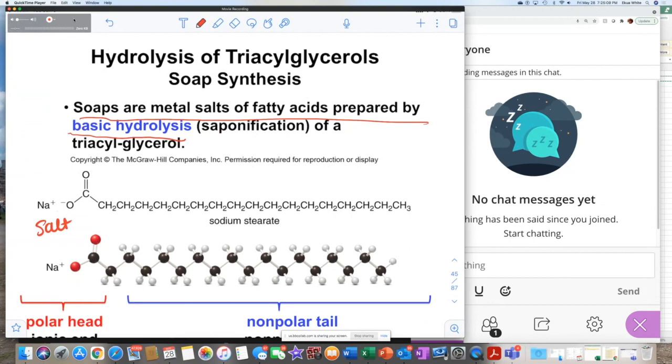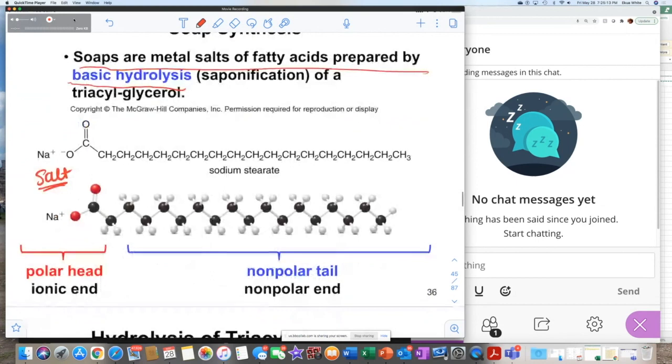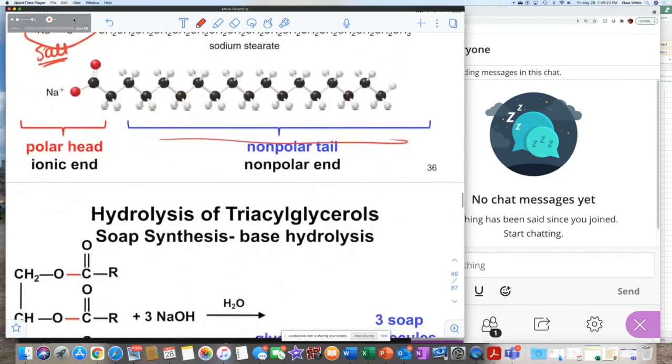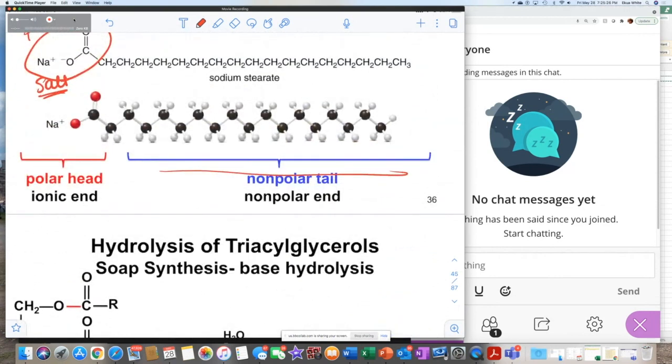Okay. So here we have the salt of the fatty acid. Remember that this end, once again, is the polar end, and then we have the non-polar end, the oily end. We talked about this before. We're talking about it yet again, that the design of soap, at least the soap that we use, is to use the non-polar tail to dissolve dirt, and then it just sits on your body waiting for you to wash it off.